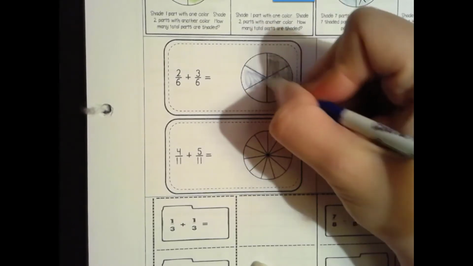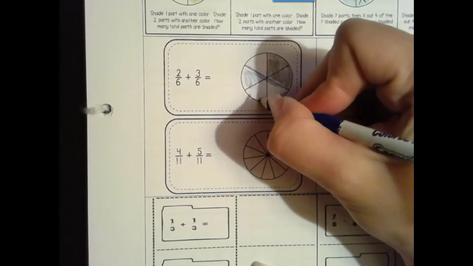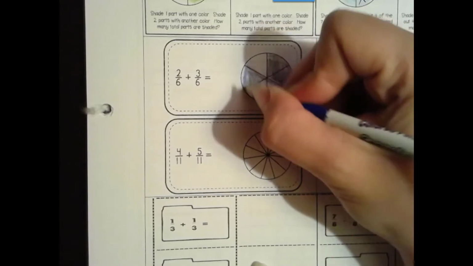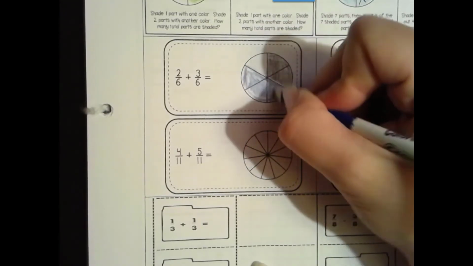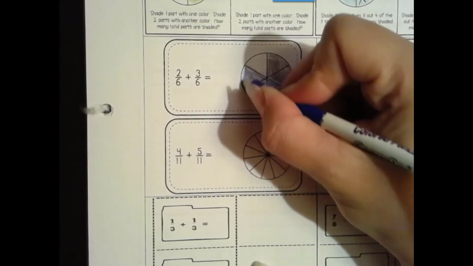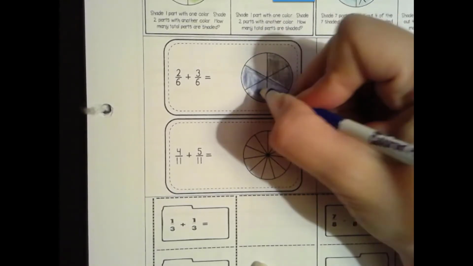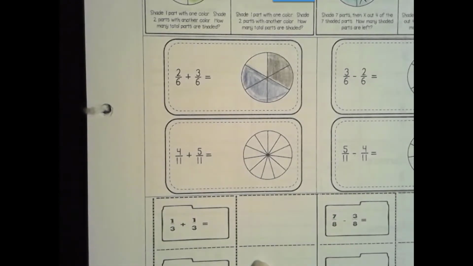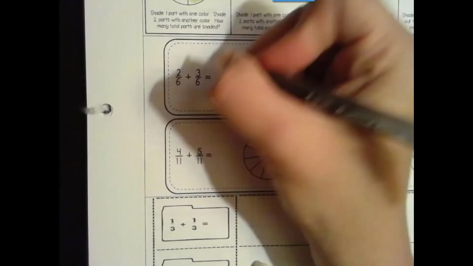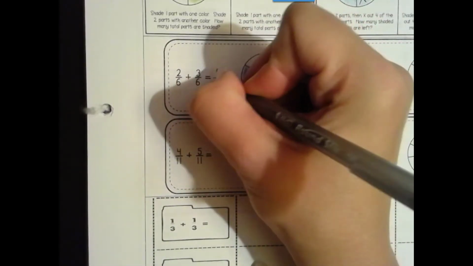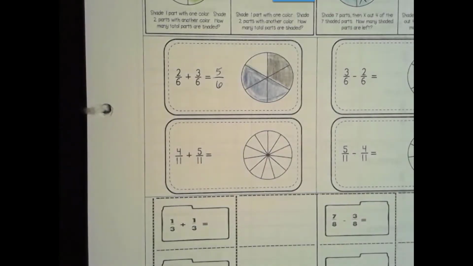And 3/6 is actually half of it. And we end up with 1, 2, 3, 4, 5 pieces. So I have 5 pieces out of a total of 6 shaded in. So 5/6.